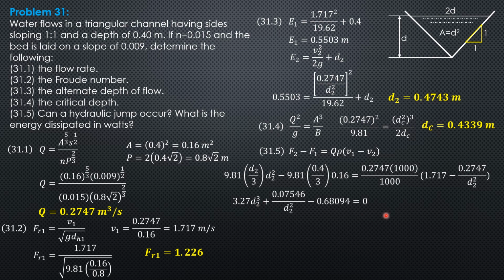Using a high-tech calculator or by trial and error, it will take time. So the correct root for depth 2 is 0.4698 meter. It should be greater than 0.4 but close to 0.47.